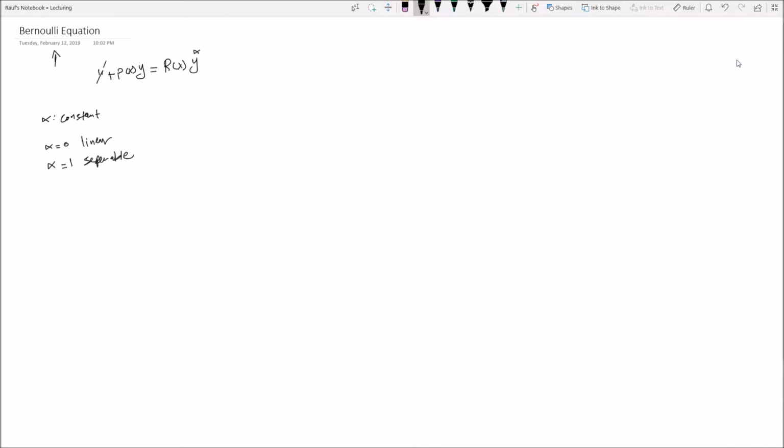So you have the general form of the Bernoulli equation: y prime plus a function p of x y equal r of x y to the power of alpha. Alpha is a constant. It can be any number. If it is 0, then the equation becomes a linear differential equation.